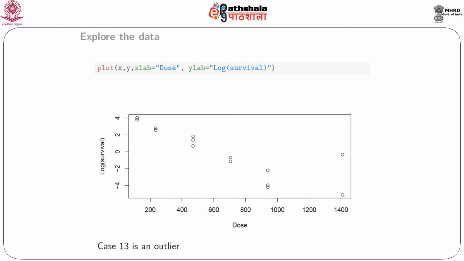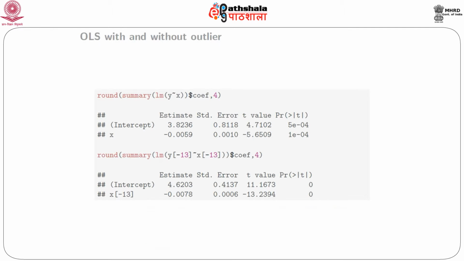Now, if you see the scatter plot, case 13 is a clear outlier, having the x value 1410. The least square estimate of the slope is -0.0059 using the entire data, while the least square estimate for the slope when we run the same procedure excluding the 13th case comes out to be -0.0078.